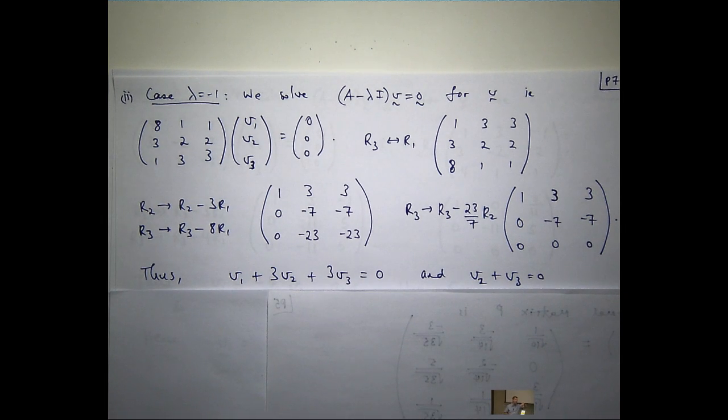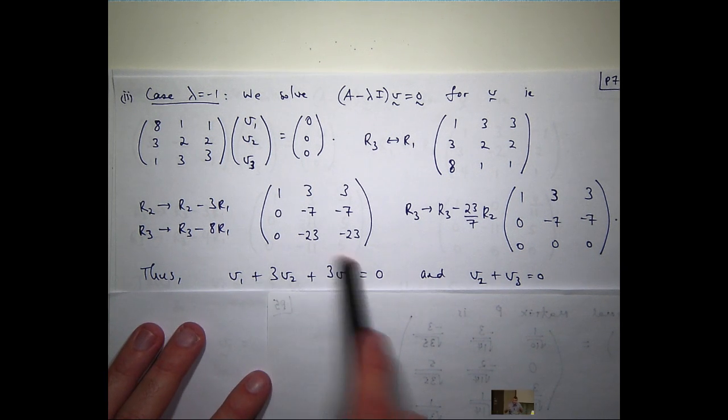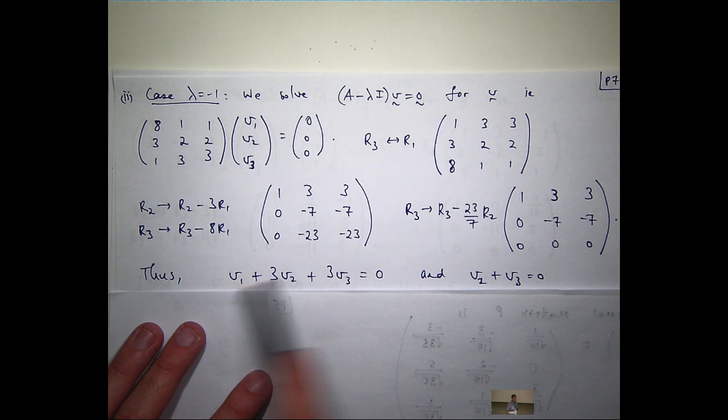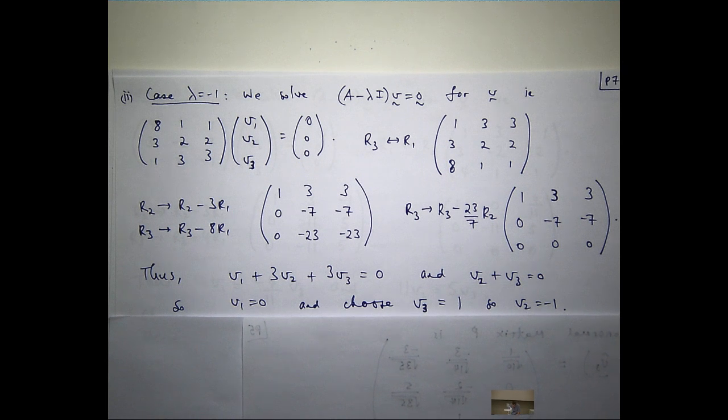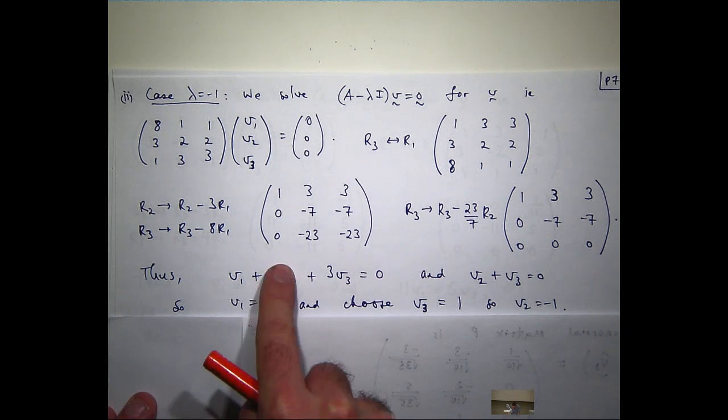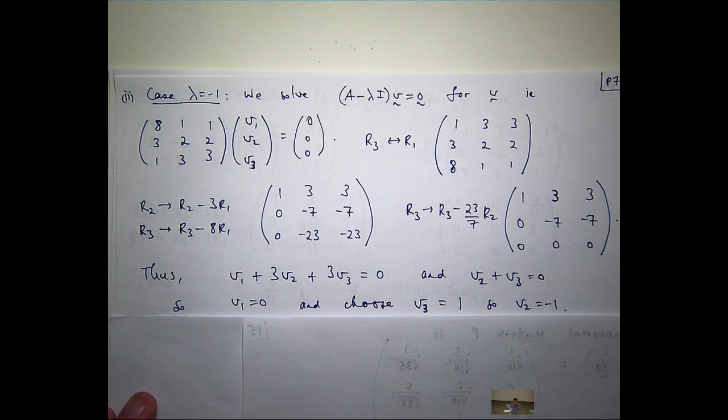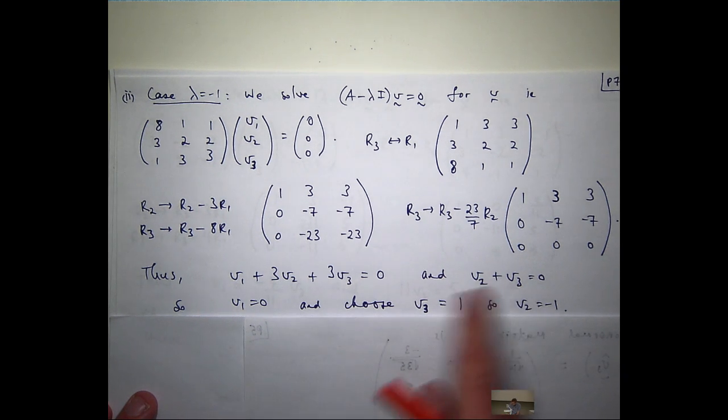Now, if V2 plus V3 is 0 and I've got 3 times V2 plus V3 here, I can just replace this with a 0, and I get V1 equals 0 straight away. How nice is that? So putting this in here gives me V1 equals 0. Now all I'm going to do is choose either V2 or V3.